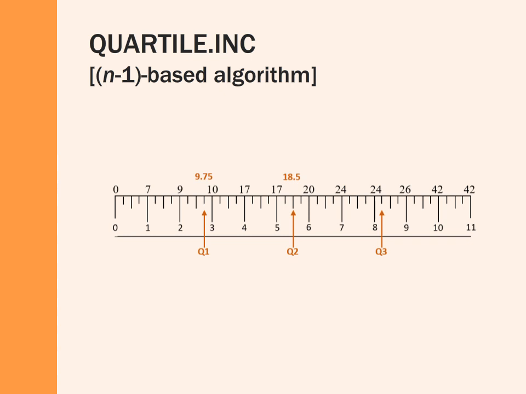We multiply that by 0.25 because our third quartile is 1/4 of the way between 8 and 9. So 1/4 times 2 is 0.5. We add 0.5 to the lower value, which is 24. So the third quartile value is 24.5. And these are indeed the quartile values that Excel returns when we use the Quartile.INC function.